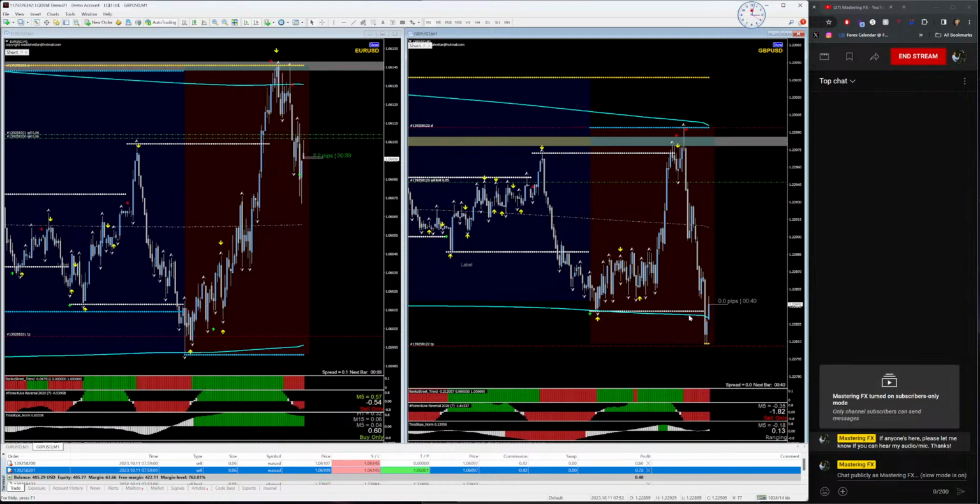Okay, so I'm gonna remove this order now because it's not tagged us in and we're already on the other side of the band. Plus we have the golden dots here, so this is a little bit too sus for me. I'm gonna remove that.